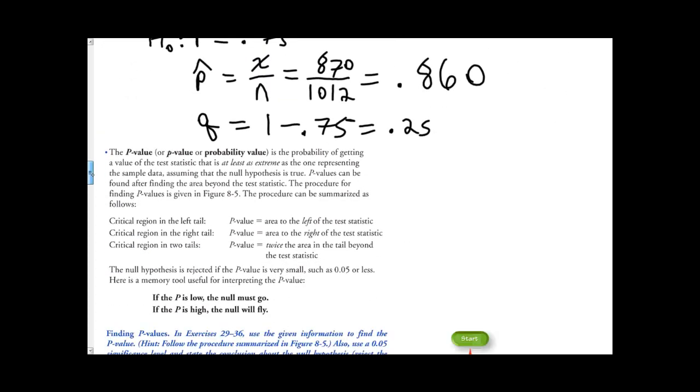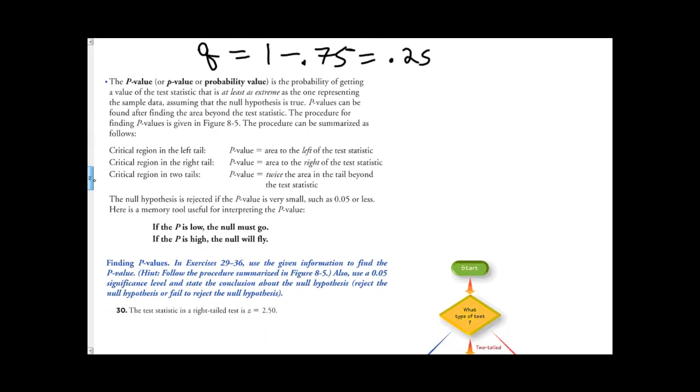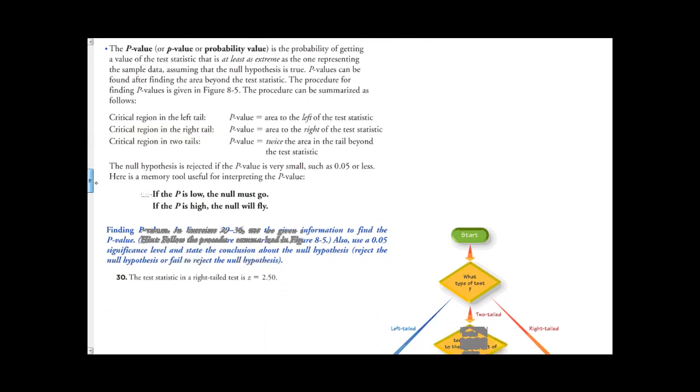Now let's see how we deal with p-values. A p-value is the probability of getting a value of the test statistic that is at least as extreme as the one representing the sample data, assuming that the null hypothesis is true. P-values can be found by finding the area beyond the test statistic.